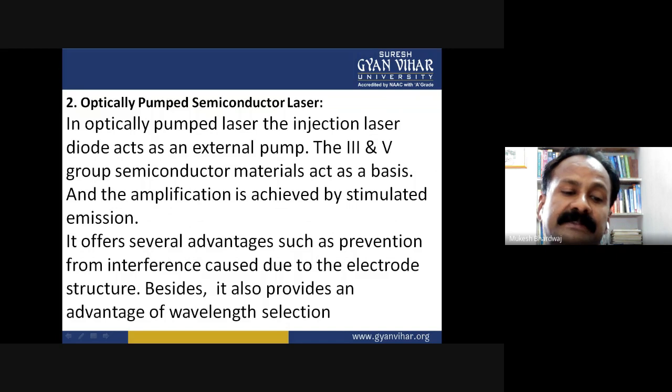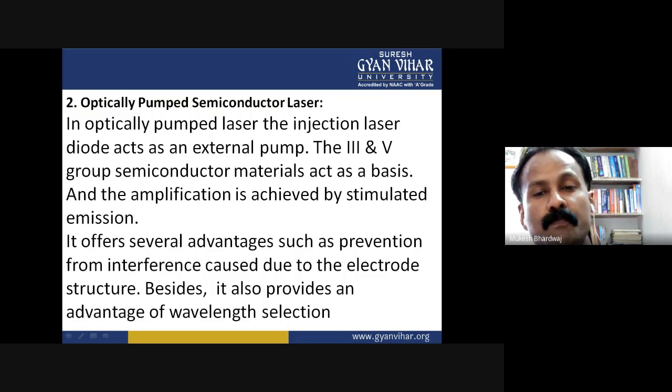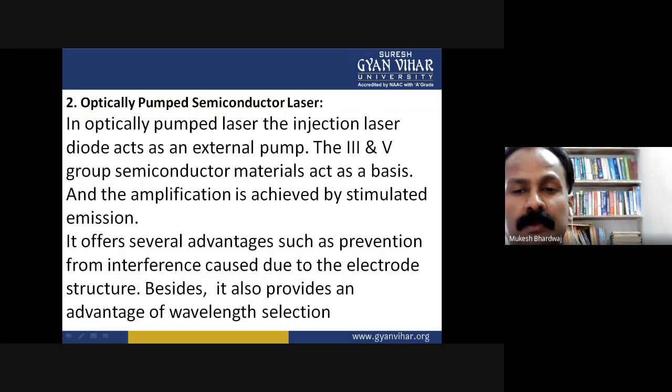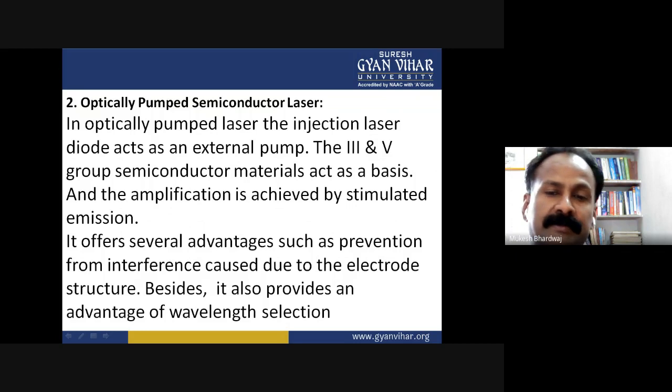When laser is operating in the steady state, and we know the steady state is the state where the gain is constant, the gain must equal the loss.